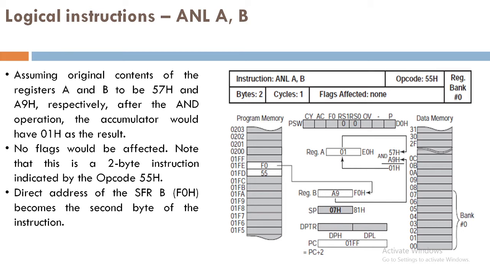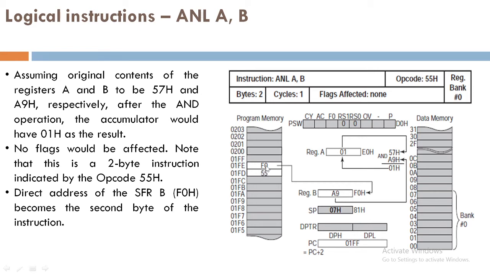In this case we are considering ANL A comma B. Now in the diagram you can see that the operational code of this particular instruction is given as 55, and that has been loaded across the program memory, followed by F0.